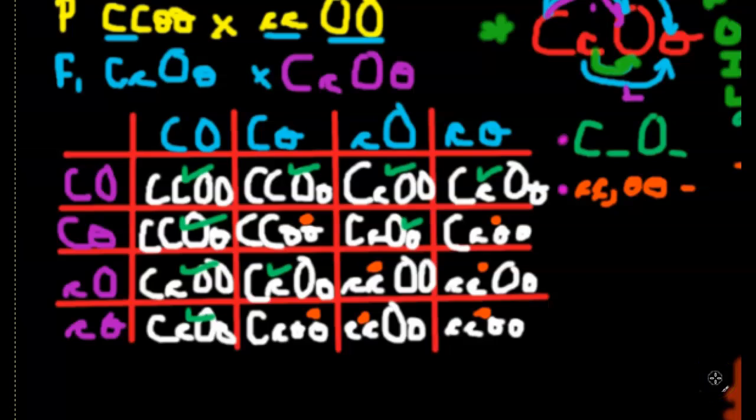And then I didn't really need to do this, but I went and looked for all those that had two little c's or two little o's. And I put a little orange circle there.